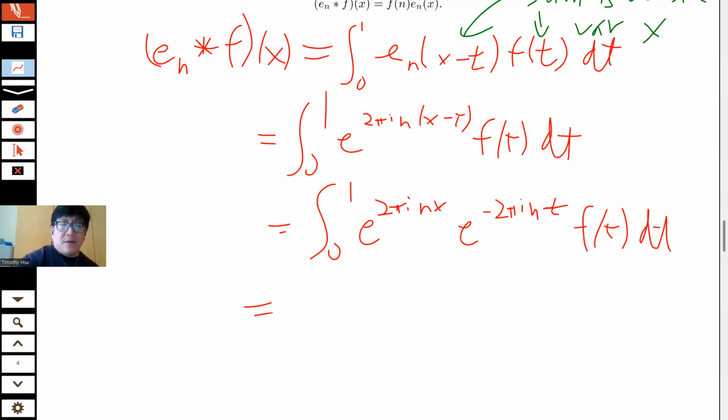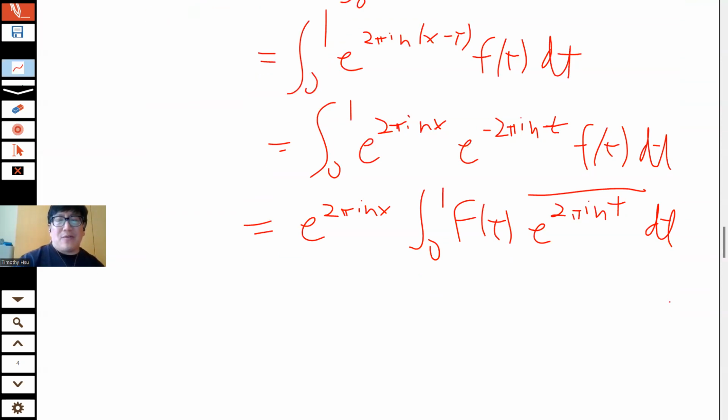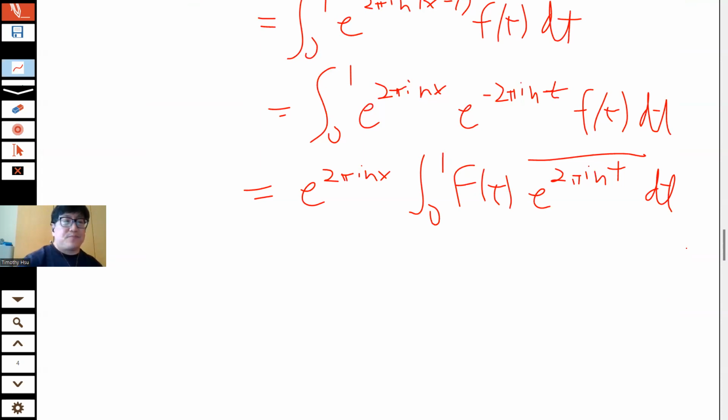Okay, because x is a constant with respect to the integration, I can pull it out. So this is e to the 2 pi i n x times the integral from 0 to 1 of f of t times e to the 2 pi i n t barred, because taking the bar of e to something puts the bar on the exponent, and when you bar that, you just get its negative because it's purely imaginary.